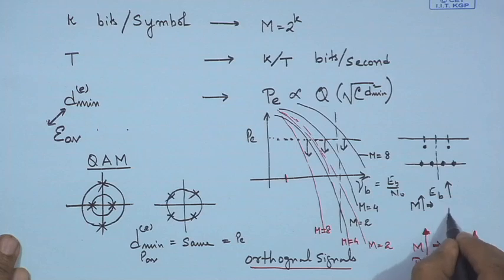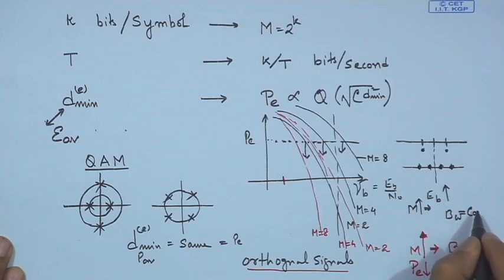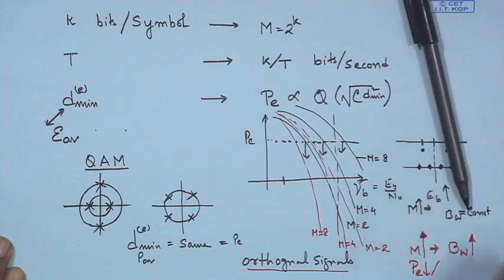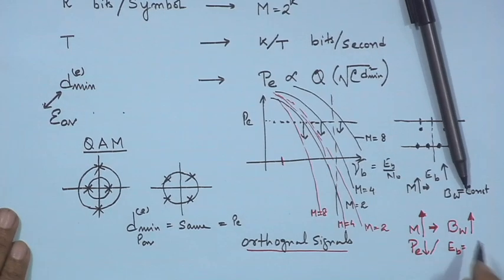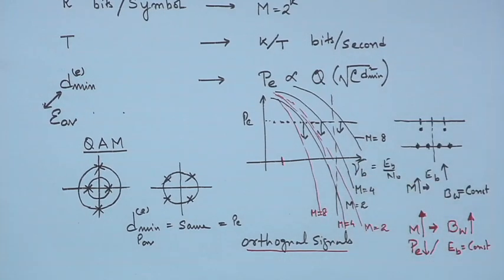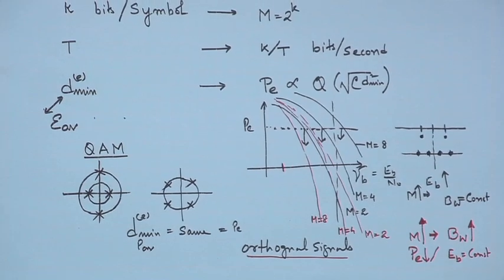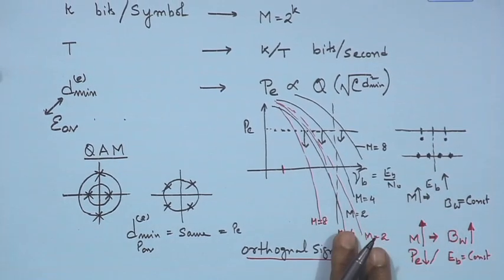So, here bandwidth is constant and in this case you can say Eb is constant. So, we have two different possibilities, and of course, there are different variations on the error probability.